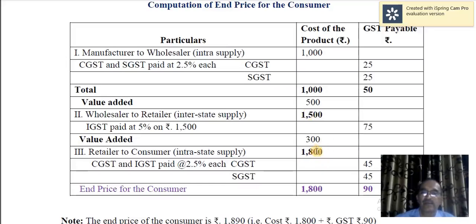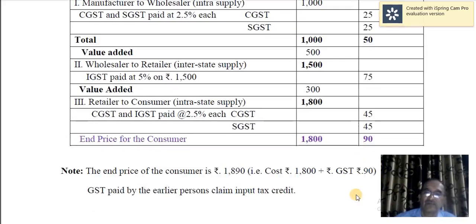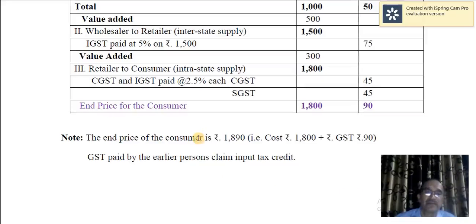And therefore here 300 is added. Retailer to consumer, 1,800 at which the goods are sold, and CGST and SGST are 45 and 45, so 90 rupees. So the final price paid by the consumer is nothing but 1,800 plus 90, 1,890.